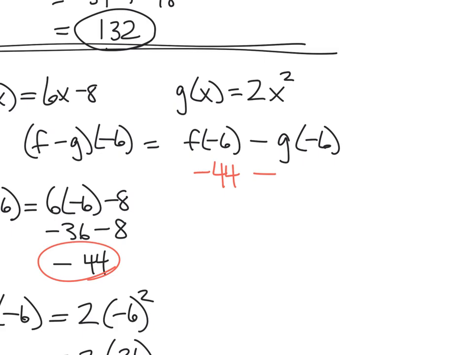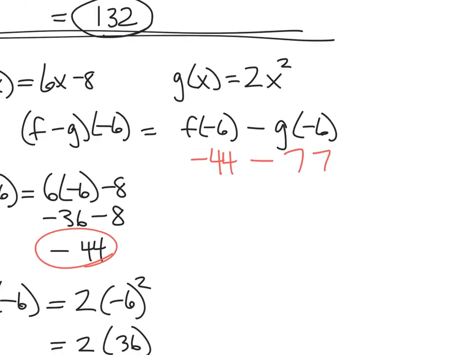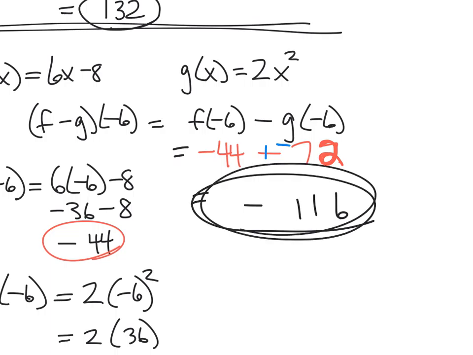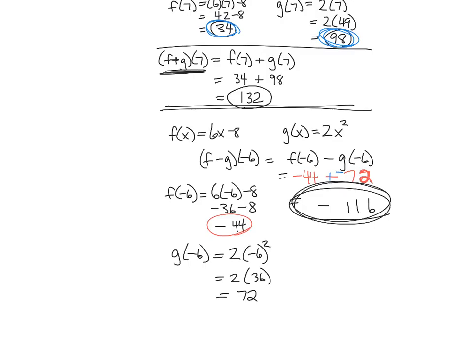So it becomes negative 44 minus 72, and when you do that math, you have to add the opposite. So that ends up being negative 116.